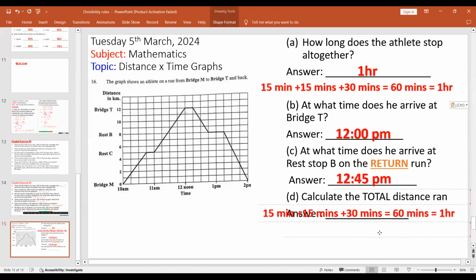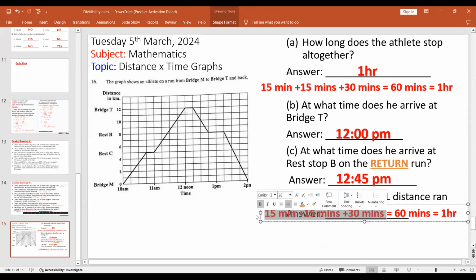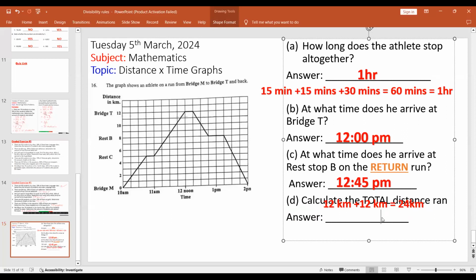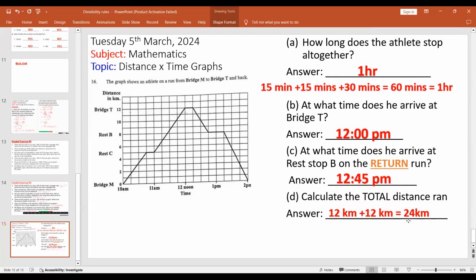So we say that the answer for this one is going to be 12 kilometers plus 12 kilometers equals 24 kilometers. So we know the distance for the entire journey is 24 kilometers.